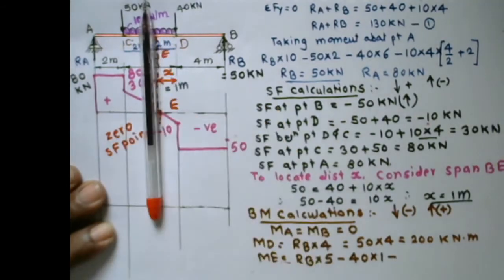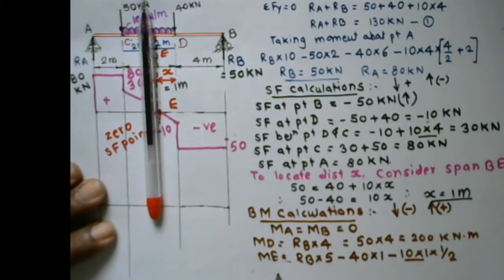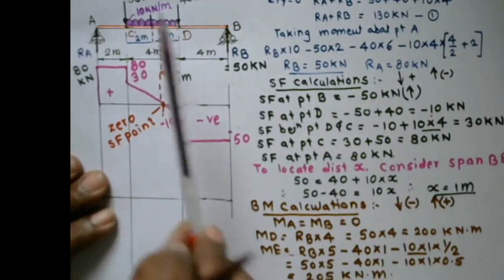Now consider this UDL 10, span of UDL is 1 meter, so that becomes a load and it is acting at 1/2. Now put the value of RB here: 50 into 5 minus 40 into 1 minus 10 into 1 into 0.5. Your answer will be bending moment at point E is equal to 202.5 kilonewton meter.